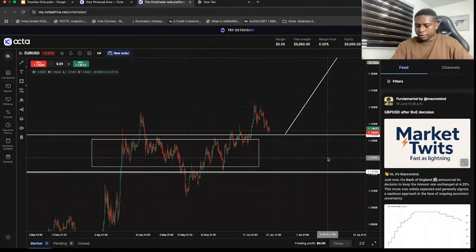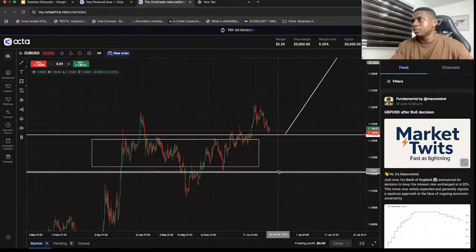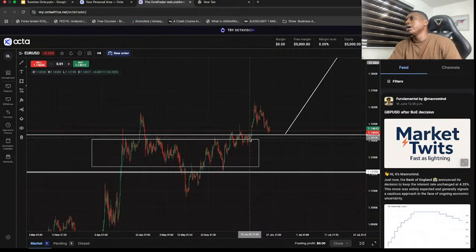All right. So this is the 4 hours time frame, and this was the final breakout that we saw happen in the 1 hour time frame. So this was where the breakout happened, and we can see how price has pushed up so far.